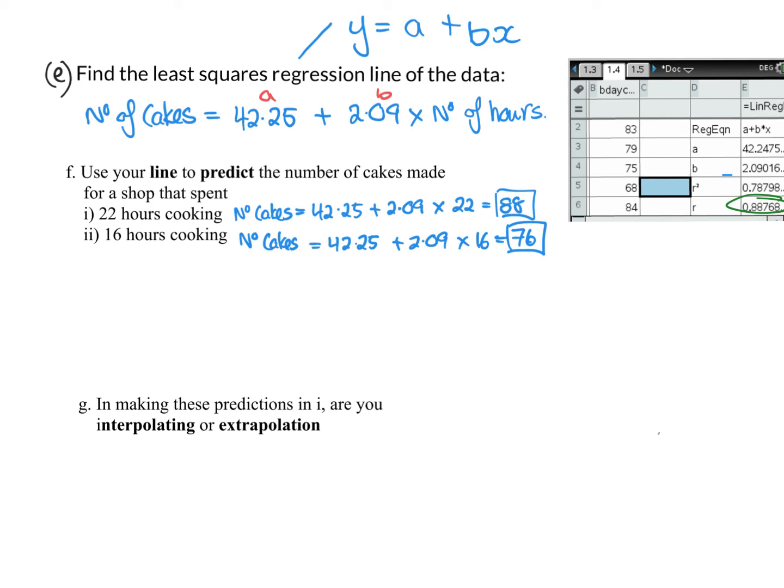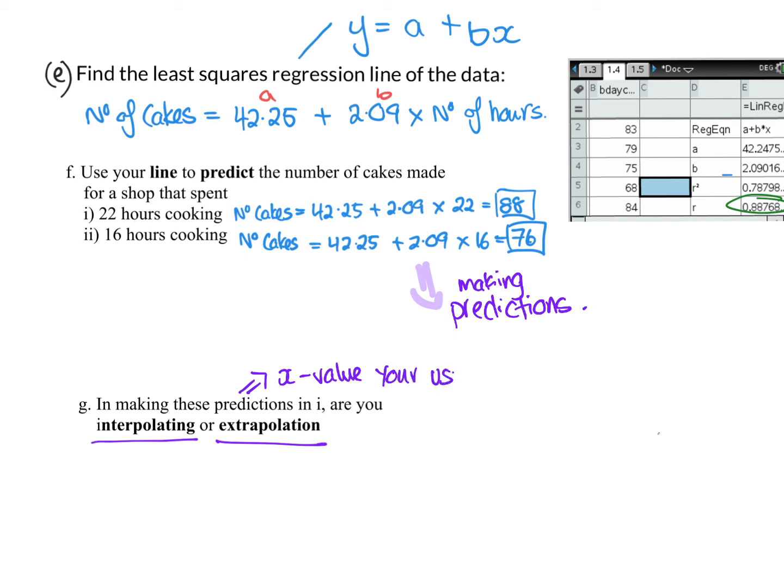Okay? Now, the next thing they ask: these are called predictions, we're making predictions, yeah? So when you're making predictions, they often ask you whether it is interpolating or extrapolating, okay? And it's all to do with the x value that you're using, yeah? So let's go have a look.